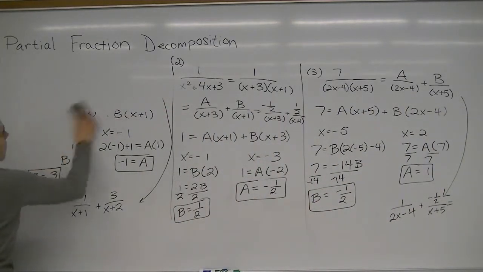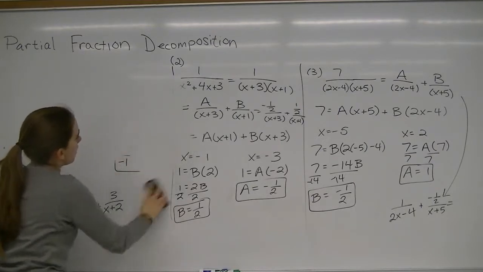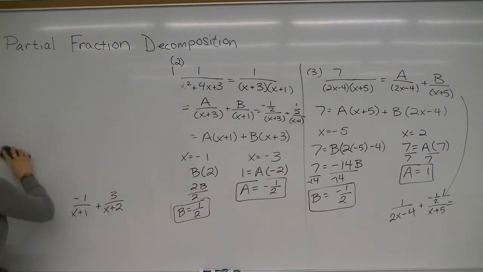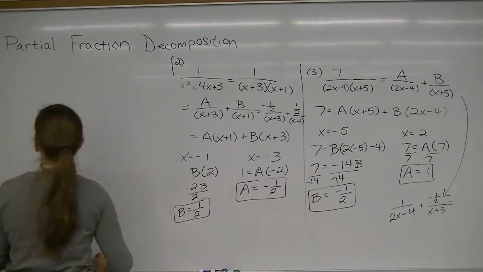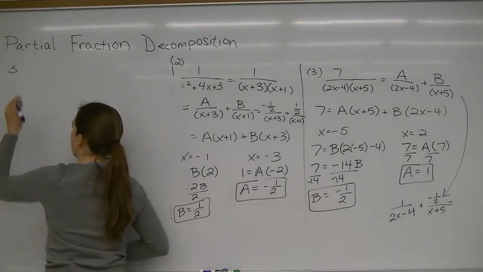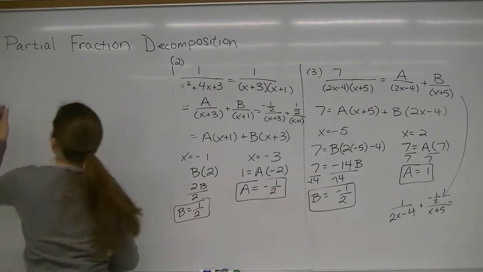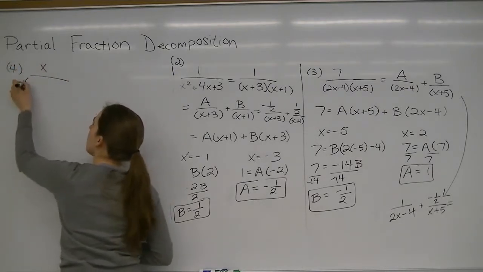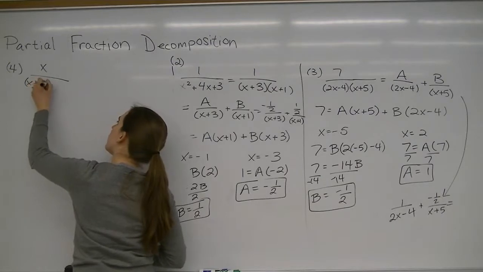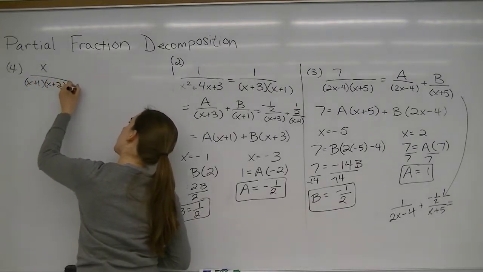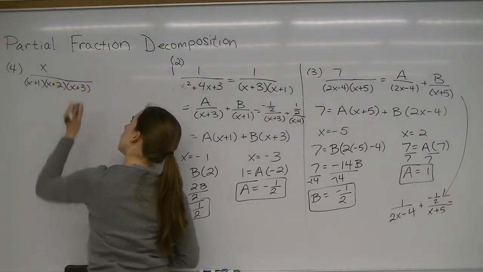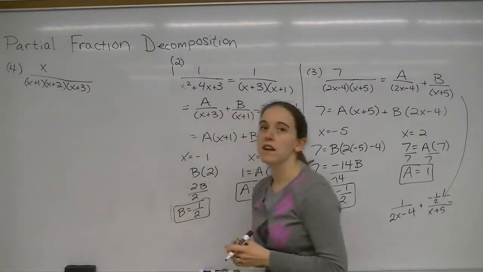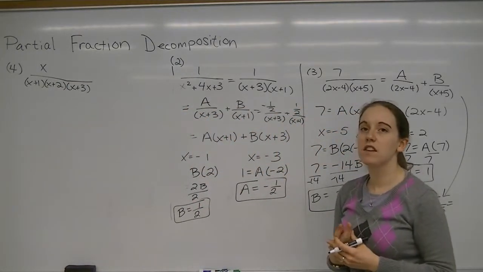So hopefully we're feeling fairly comfortable with using 2 factors. Let's try one now with 3. This would be number 4. So we have x over x plus 1 times x plus 2 times x plus 3. And we want to decompose this. We have 3 linear factors in the denominator now.